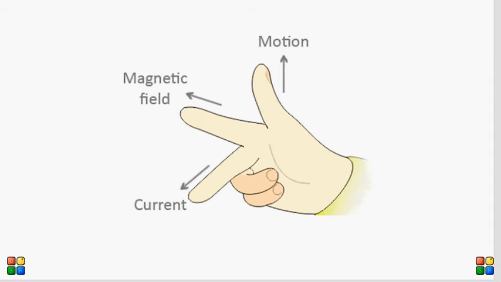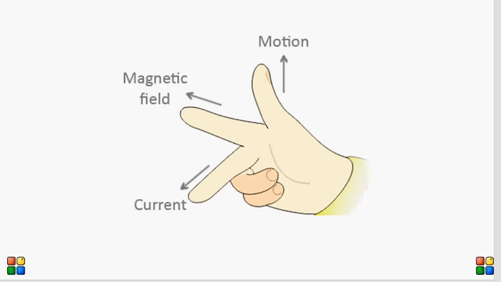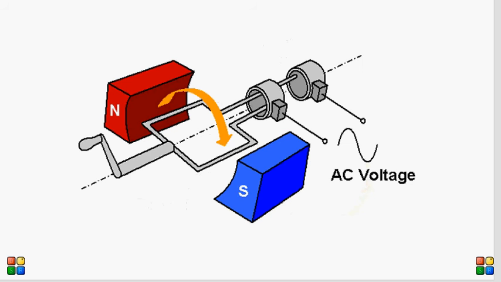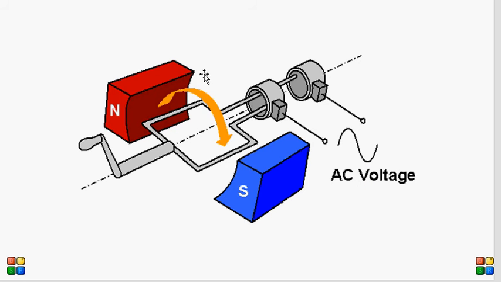That's nothing but the electric generator. Okay, let's compare this and this, so you can get a better idea of this topic. The motion of the conductor is nothing but this conductor going like this.